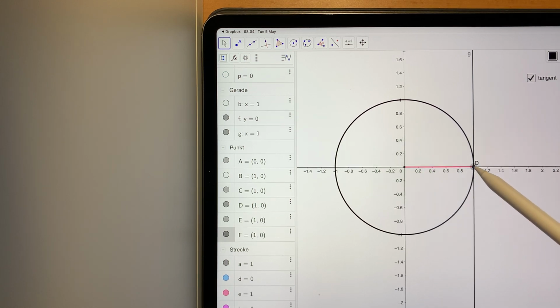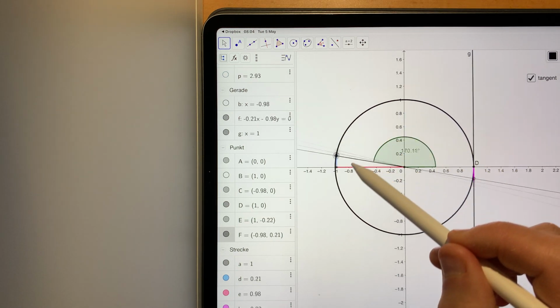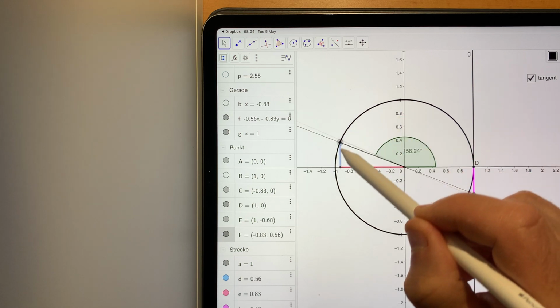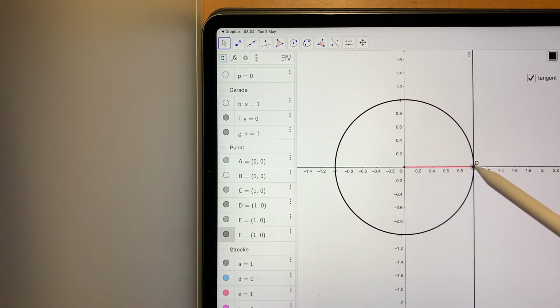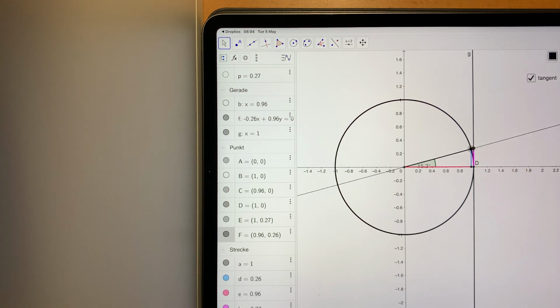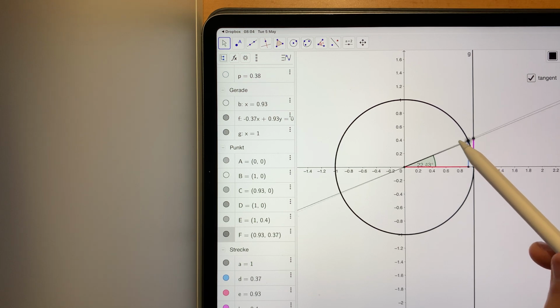What would that be? 360, 720, and 15. So this would be 735 degrees, 2 full turns plus 15 degrees. And then you could read it off the diagram.